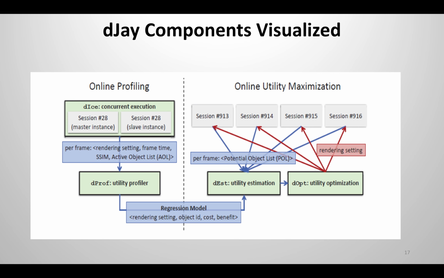It will take that and generate this regression model, and from that regression model we have the rendering settings, the object ID, cost, and the benefit, and that is being passed to the dest, which will estimate the utility per frame and create potential possibilities of the future. It will do the prediction for what objects are to come in the future scenes, and it will pass those potential object lists to dopt, which will make the decision on which rendering setting is the best.